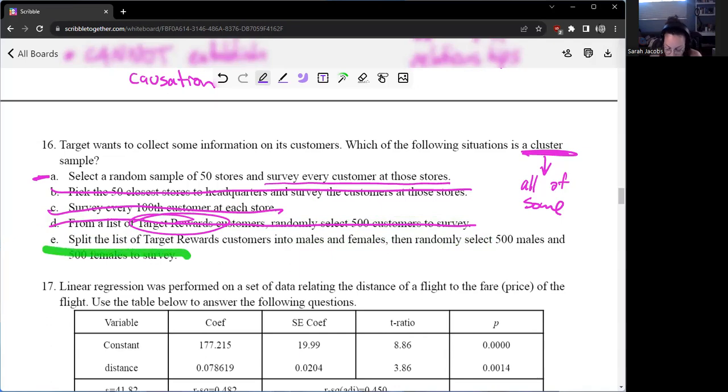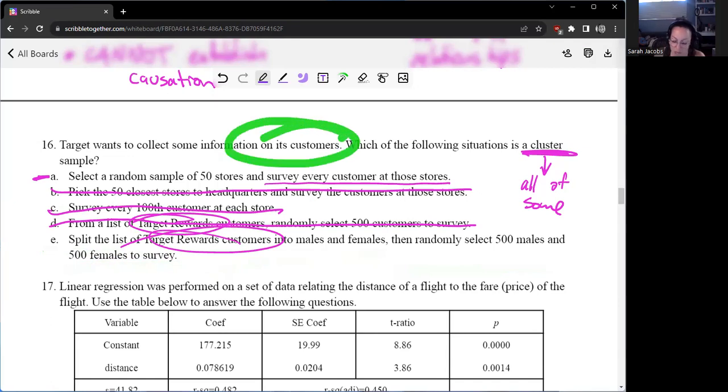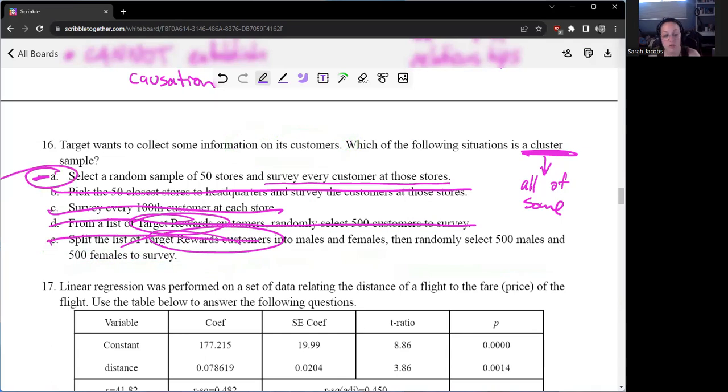Lastly, split the list of Target Rewards customers into males and females, then randomly select 500 males and 500 females to survey. This is creating some strata, but still those rewards customers, we're not selecting from the whole population of interest. And it's definitely not a cluster sample. So in this case, A is our answer.